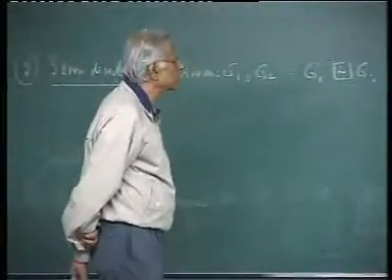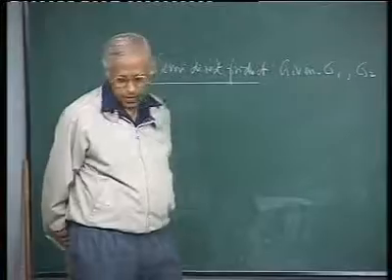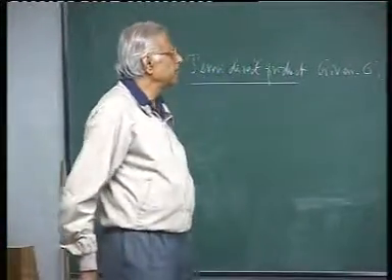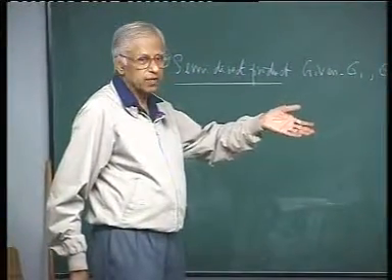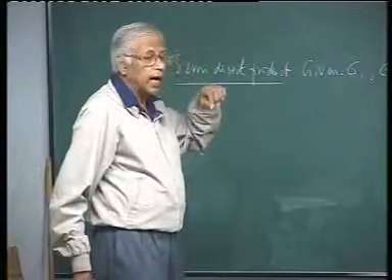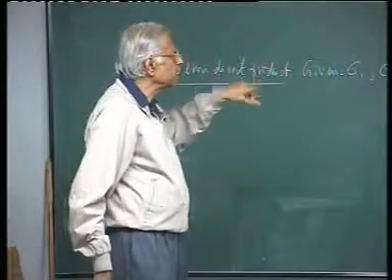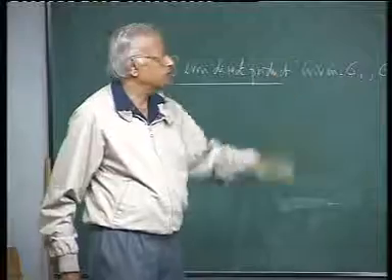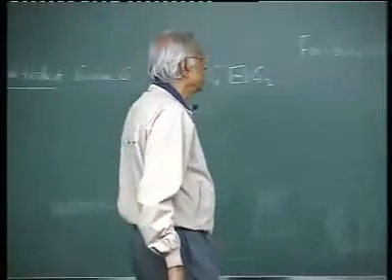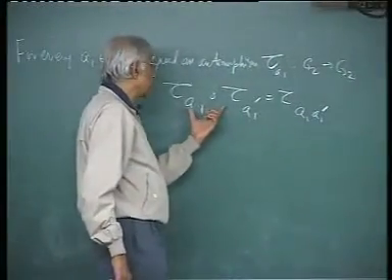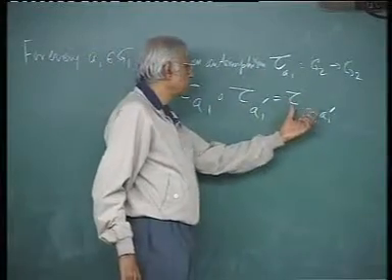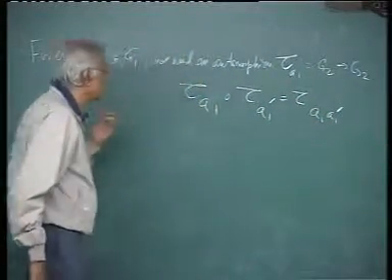Please discover for yourself the meaning of this equation. Tau A1 prime is a mapping of G2 onto itself, so you can apply it. After having applied it, you apply tau A1, another mapping of G2 onto itself. The composition of these automorphisms must be the automorphism of the product elements.